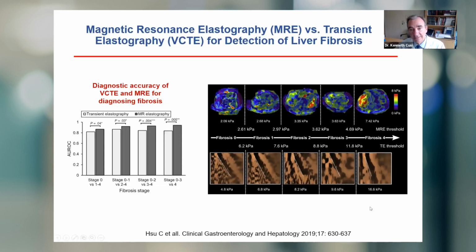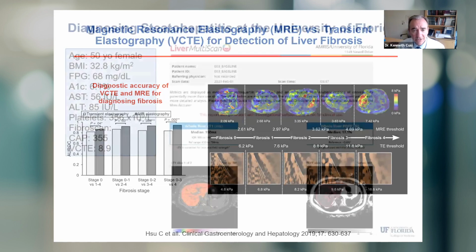Of course, it's less costly, but it does help to risk stratify people that we suspect have F2 or greater. So again, head-to-head comparison showing that obviously MR elastography is better, but it's about $3,000 per MR scan compared to a much lower price.